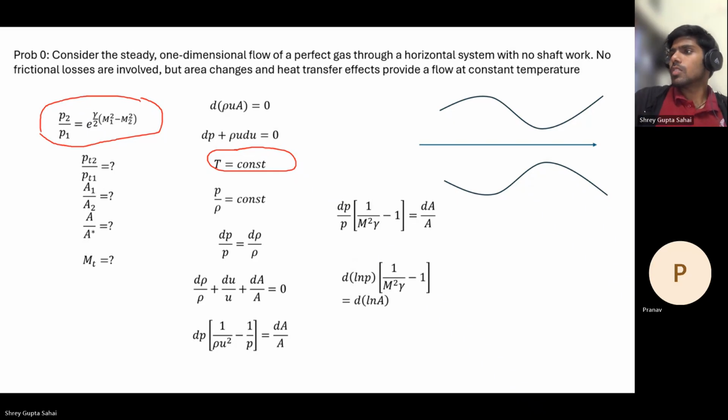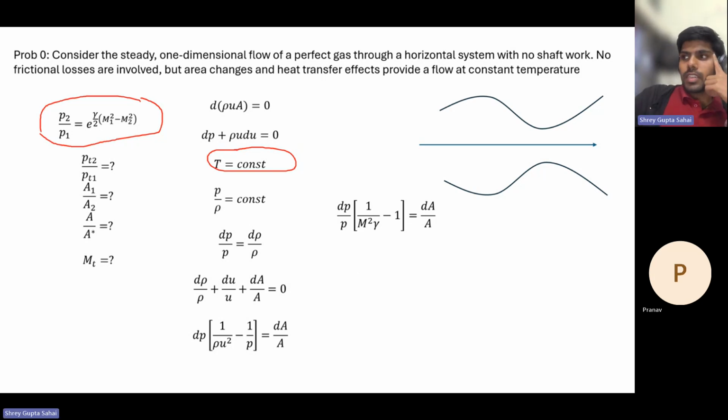It implies that p2 by p1 is a2 by a1 to the power of... Oh wait, we can't just simply integrate it because Mach number is a property here. We can't actually use this. Let me think.